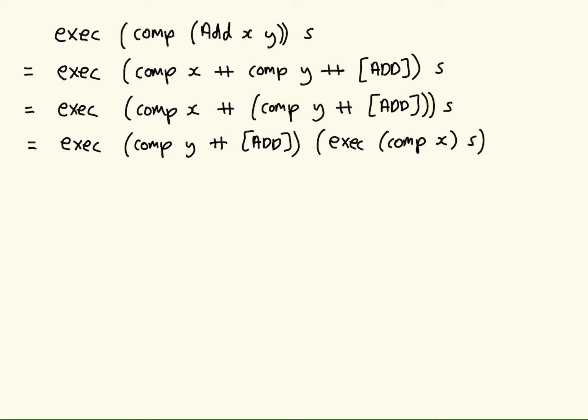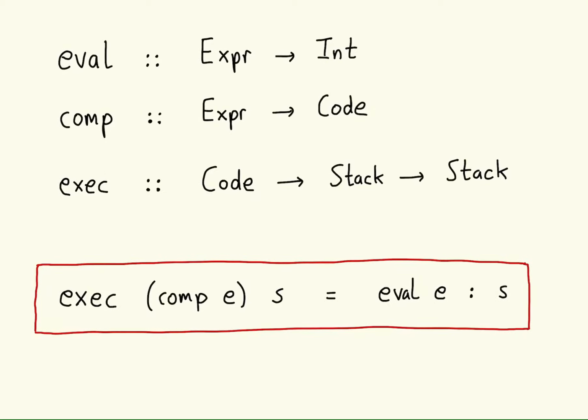So why was this actually a good thing to do? Well, it was a good thing to do because now we can apply the induction hypothesis for x. If you look at this expression here in yellow, this is exactly the form of the left-hand side of our compiler correctness theorem, where the expression e is actually the expression x. So by induction, we're allowed to assume that executing the result of compiling x in any old stack s is the same as evaluating x in the same stack.